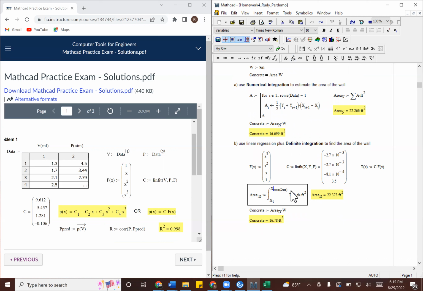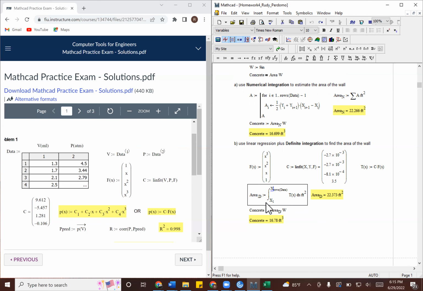When is it again that you use bracket versus dot? For dot, you're just naming a variable, like area dot d. Now, if you're trying to retrieve a value from a vector or a matrix, you use a bracket.